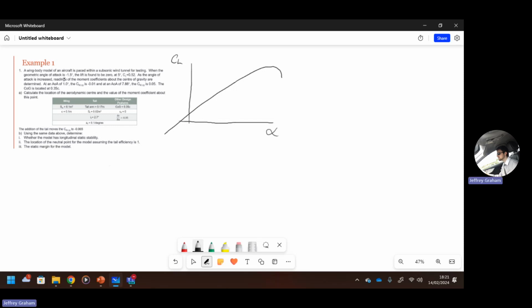The first bit we get told is at minus 1.5, we can see that CL is 0. It intersects the axis at 0, minus 1.5. We increase it to 5, and it's now up to 0.52.